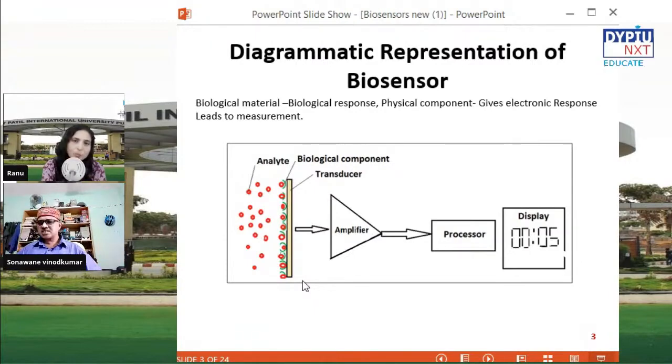Sensitivity of a sensor. Suppose it is a thermistor. We know that at a normal temperature, a thermistor has a fixed resistance.